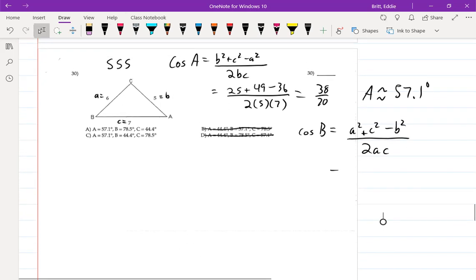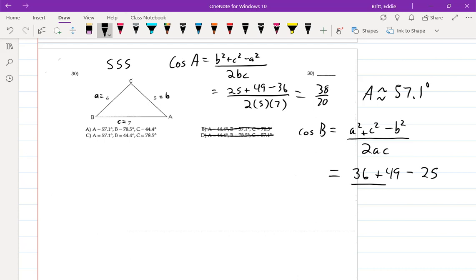So that's going to be A squared is 36 plus 7 squared is 49 minus B squared is 25, over 2 times A times C, so 2 times 6 times 7. All right, so I'm going to plug that in my calculator.